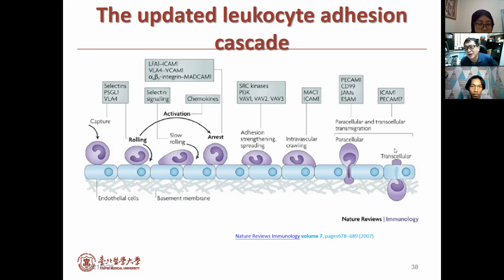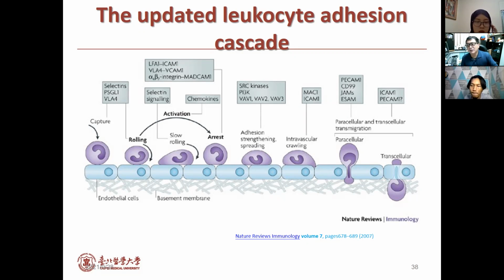The endothelial cells increase the expression of adhesion molecules, on the endothelial cells and on the white cells. Those molecules include selectin molecules and integrin molecules. Selectin molecules, for example, are L-selectin, P-selectin, and E-selectin.